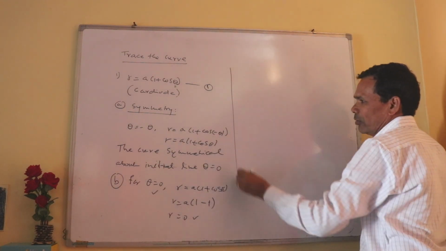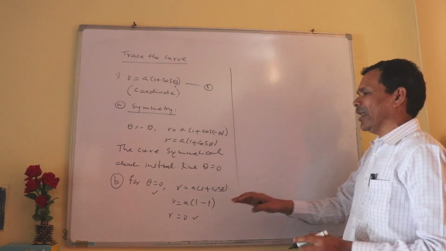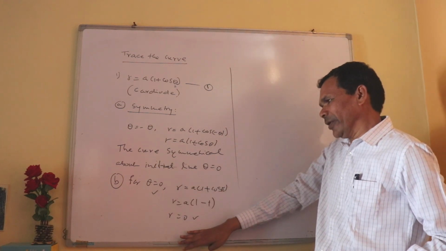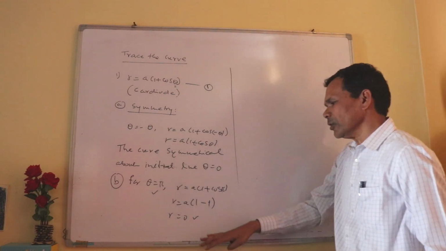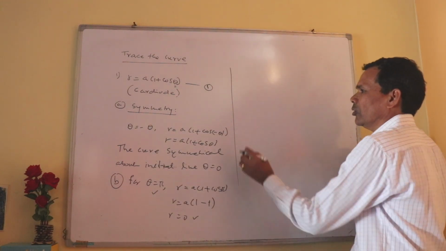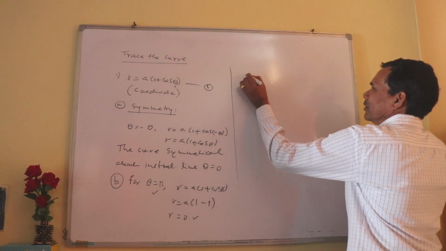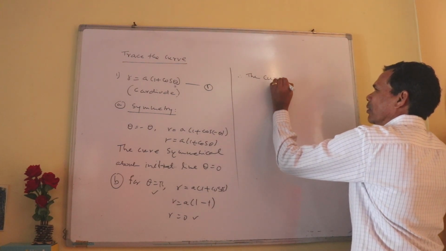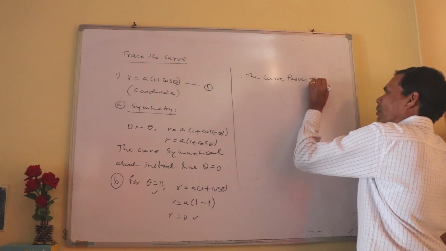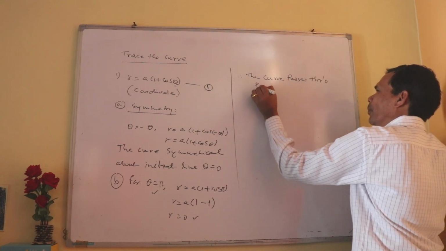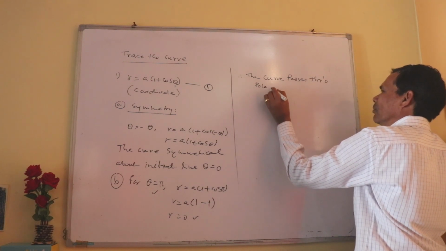So we are able to find the value of theta, theta is equal to pi, for which r is equal to 0. Therefore the curve passes through the pole, or the pole lies on the curve.